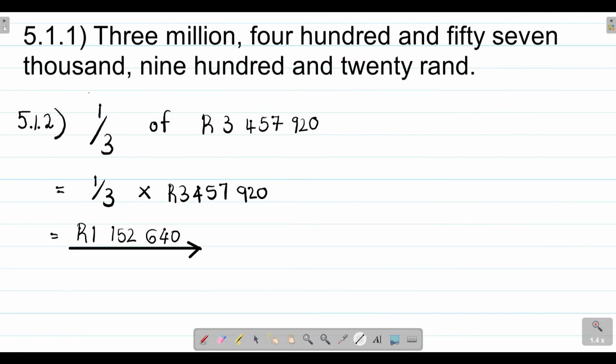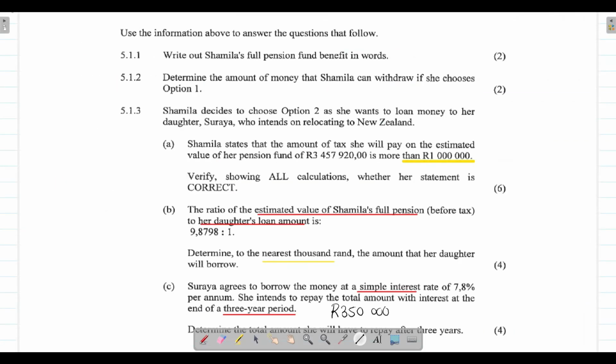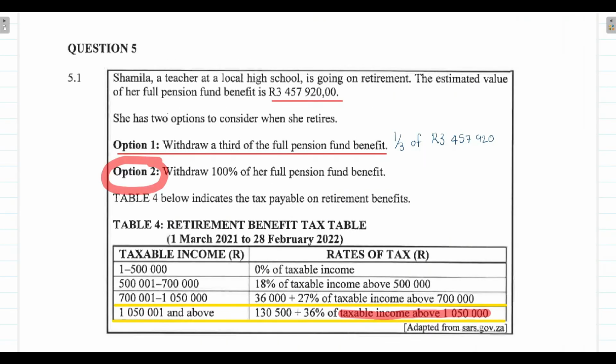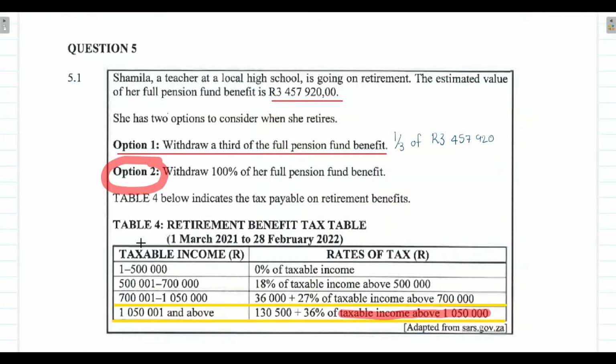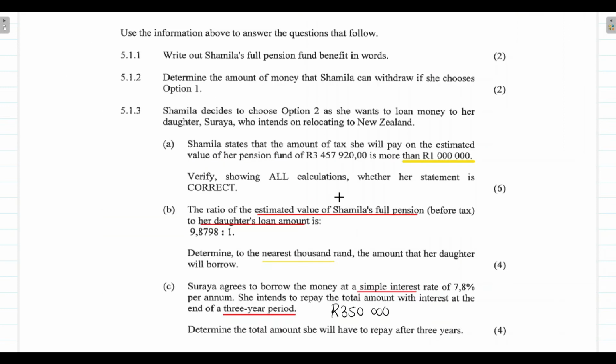Okay, this question was also a bit detailed, but I didn't dive deeply into some of the explanations, especially here, because I did record a video tutorial where I explained in depth how you approach your retirement benefits tax table. We also looked at in this question how you write out 3 million in terms of words.